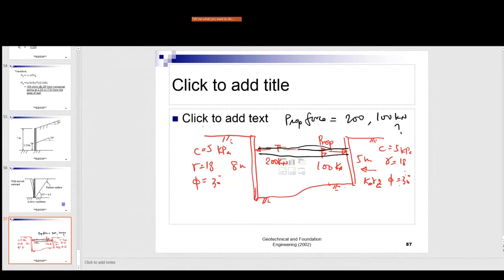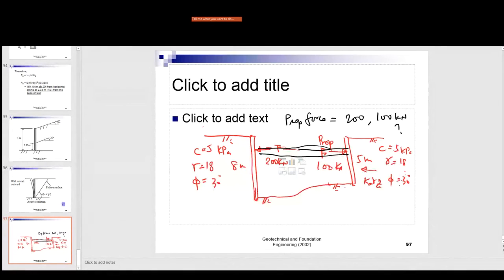I will tell you that's the most difficult part in soil mechanics compared with other structural mechanics. You cannot concentrate on one part of your structure only. You have to consider the whole thing.